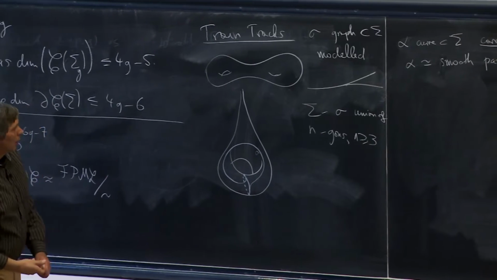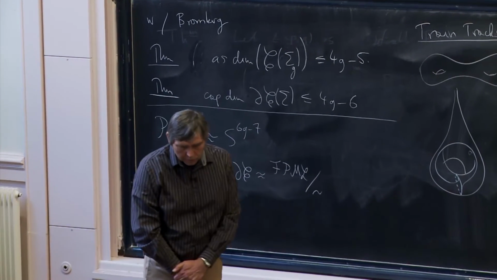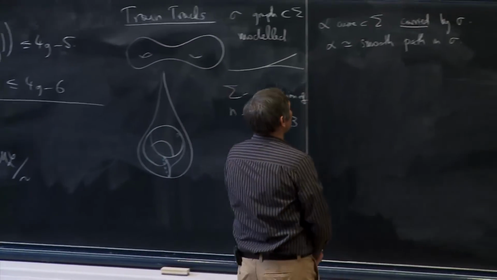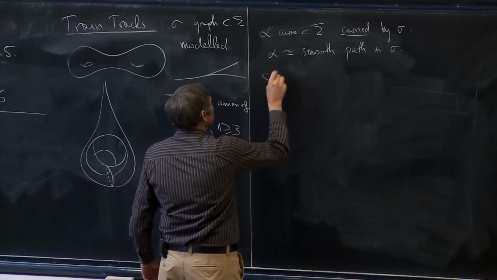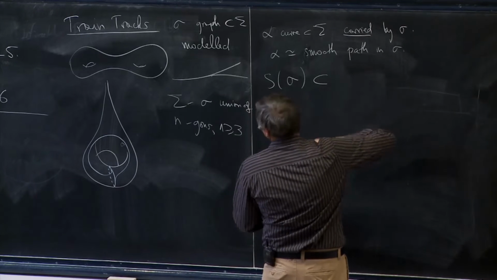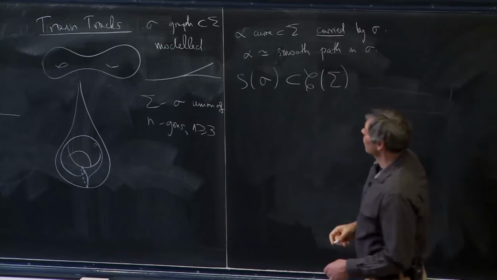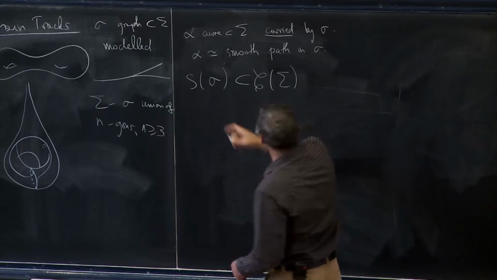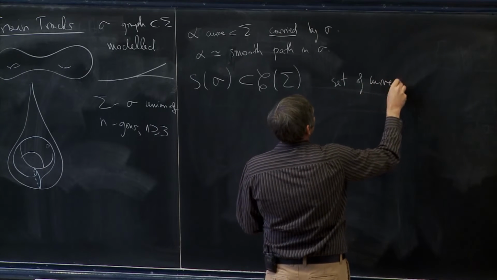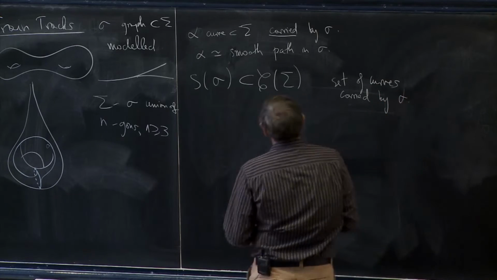And then to a train track, I can associate a few objects. We'll need maybe 3 objects or so. So first of all I can associate S of sigma. This is a certain subset of the curve complex of Sigma, and this is just a set of curves carried by the train track.